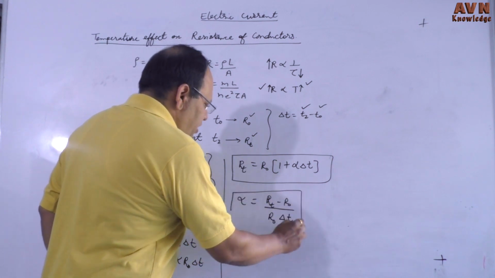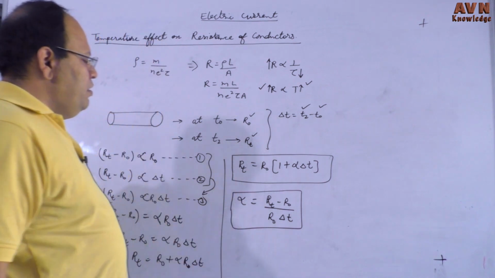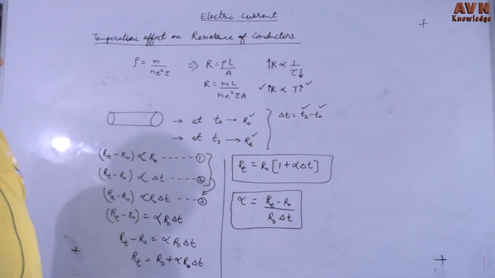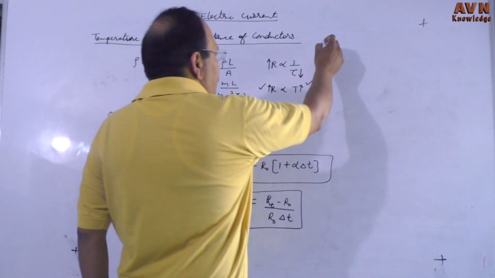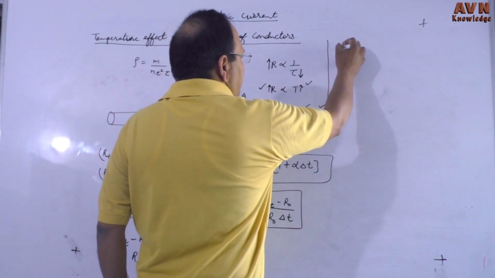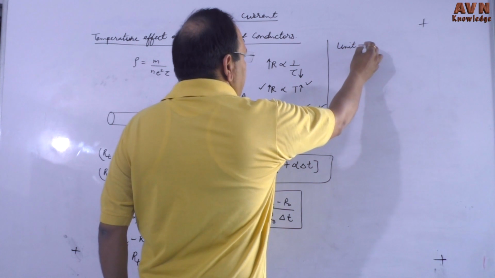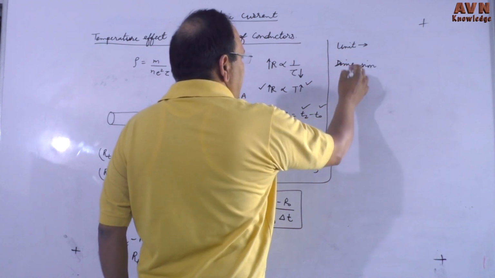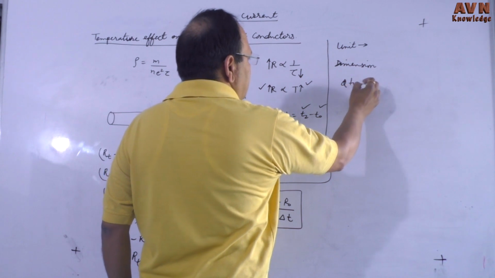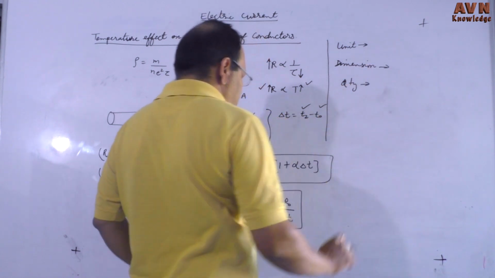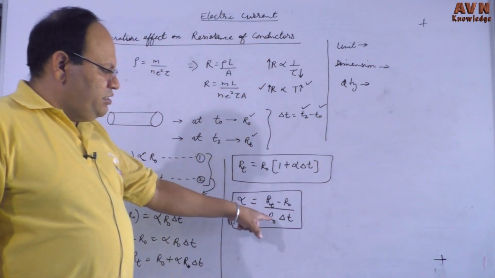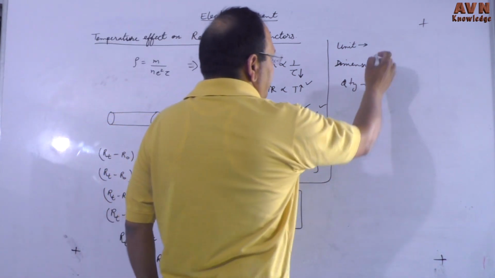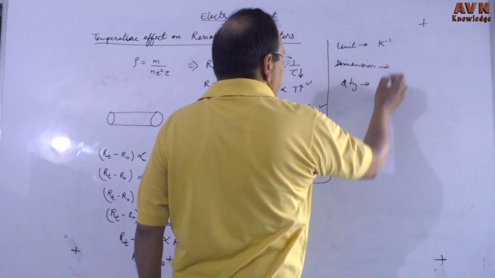So this is the temperature coefficient of resistance, that is alpha, and alpha is a new quantity. So what is the unit, dimension and quantity? The unit: resistance cancels out, and it is degree centigrade inverse or Kelvin inverse.